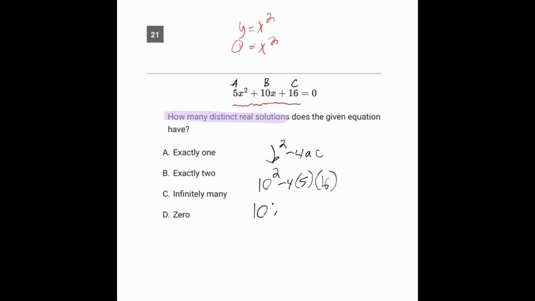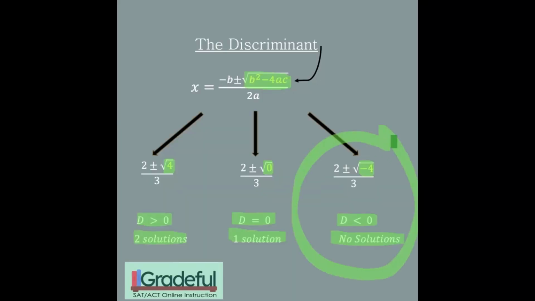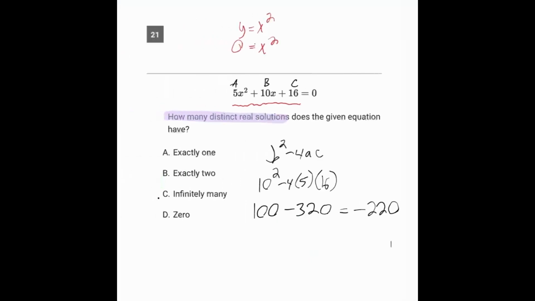So that's 100 minus 320, which is negative 220. And so a negative discriminant, as we said a moment ago, that's this situation. It's telling us that there are 0 solutions. So our answer here is D.